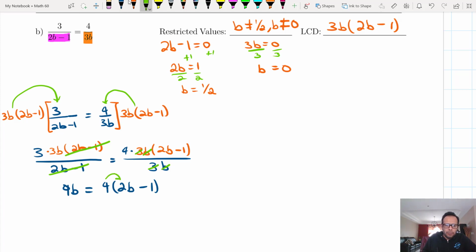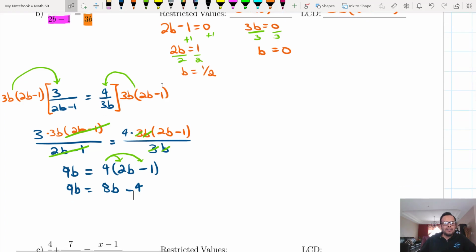The next step will be to distribute the 4 over the terms inside of the parentheses, leaving us the left hand side with the same 9b. It will give us 8b minus 4 times 1, which is 4.